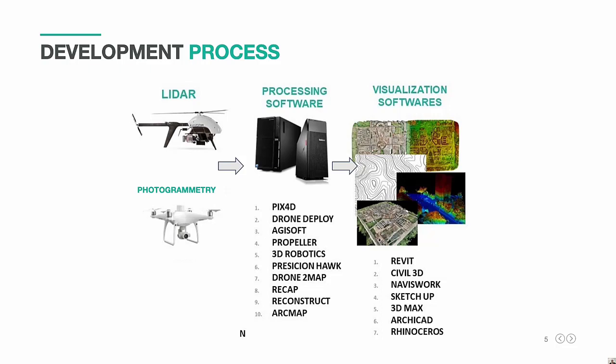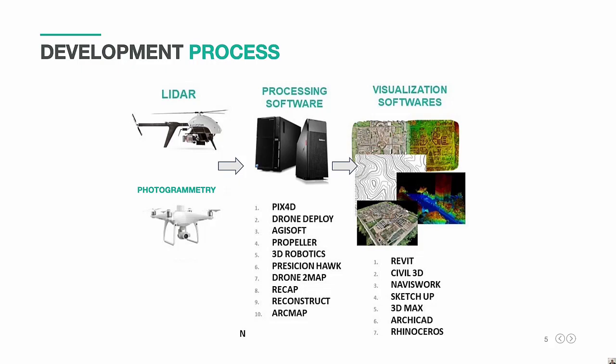We have a drone that can be a helicopter or quadcopter drone, and it may have a LiDAR, photogrammetry sensors like a camera, or it might have both together. After the data collection, the data is processed. The process can be on a local server, a physical one, or in the cloud, using one of the software packages that you can see in the video.